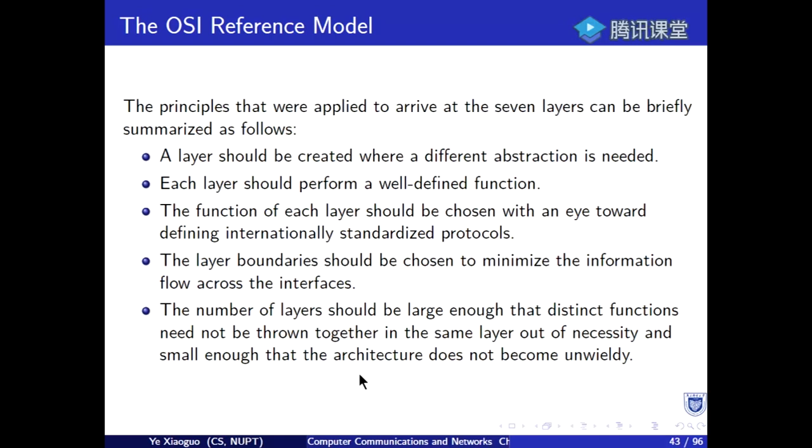Then the number of layers should be small enough, so that the architecture will not be fat. It does not become unwieldy, right? It will be very efficient if the number of layers is small enough. Then the architecture and the system will be efficient.